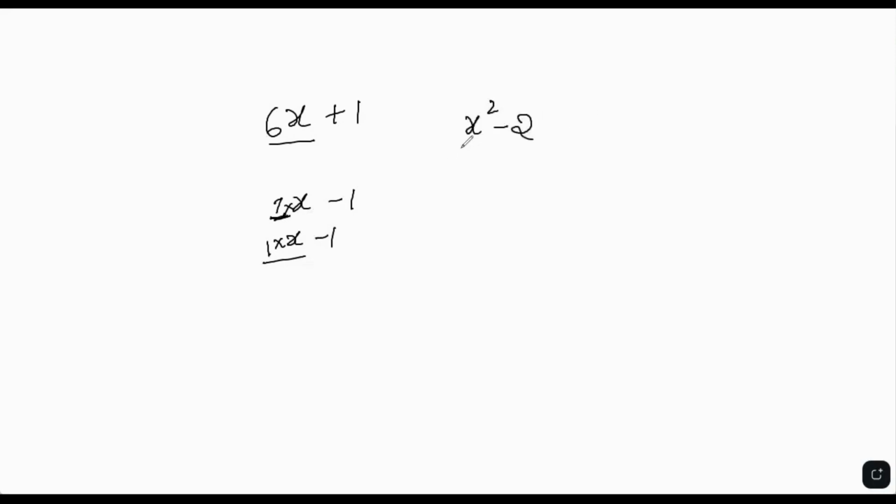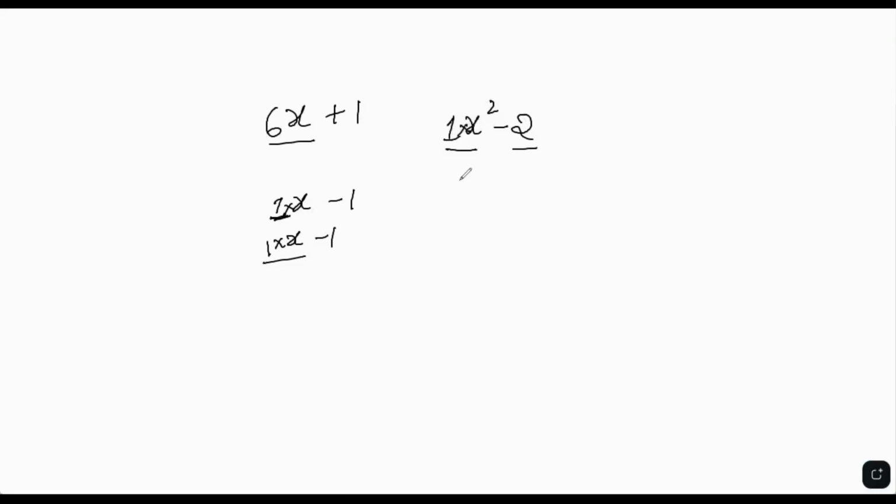Now tell me, constant is what? Which term is the constant here? 2. Yes. And variable is? x. Yes, x is the variable. Can you tell me the coefficient of x square here? 1. Yes, very good.